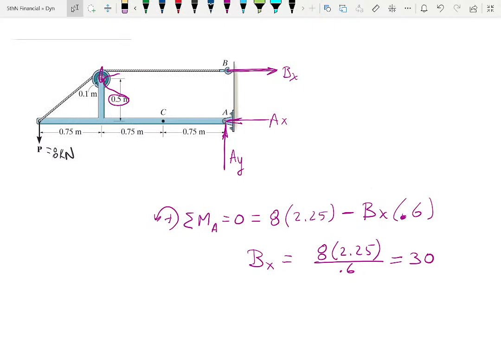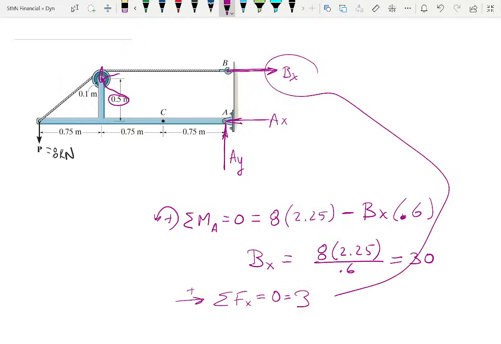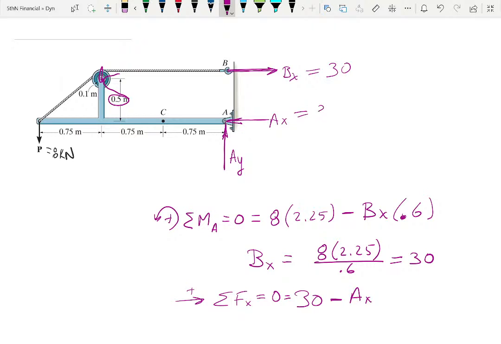Now you've got another choice. Sum of forces in the x direction, make that positive, equals 0. I got 30 here, I got minus AX, so that's 30. So this will be 30. Now, how do I find the AY?